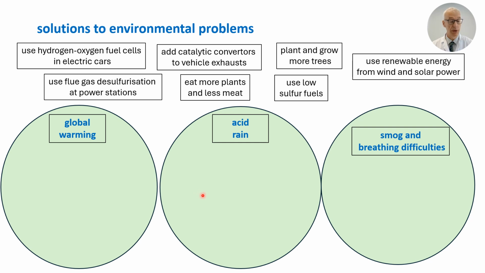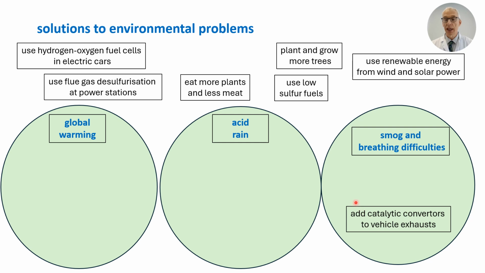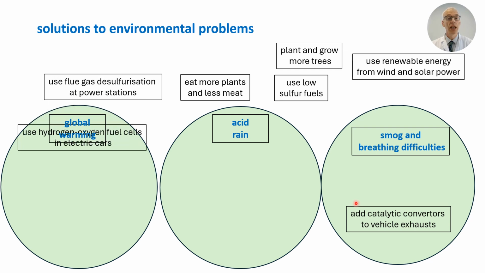Okay, so I hope you've made an attempt. If you add a catalytic converter to vehicle exhausts, that will reduce the NOx gas emissions, for example, and therefore smog and breathing difficulties will be reduced.